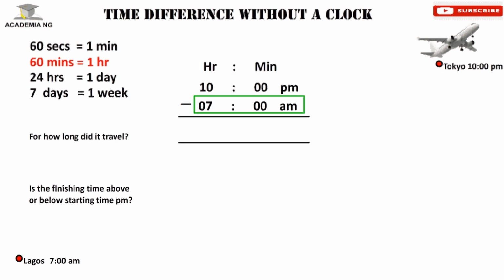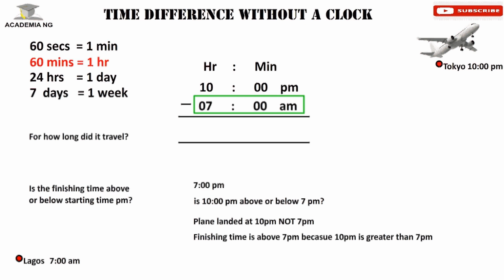The start time is 7 a.m., so its PM is 7 p.m. Is the finishing time above or below 7 p.m.? Since the plane landed at 10 p.m., the finishing time is above 7 p.m. What that means is that the plane flew for more than 12 hours, because the number of hours between 7 a.m. and 7 p.m. is 12 hours. So from 7 a.m. to 7 p.m. is 12 hours. We note and write that down aside.